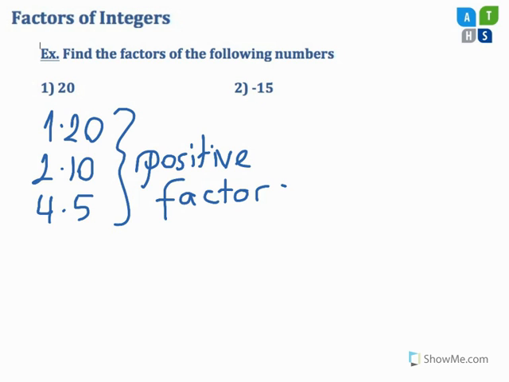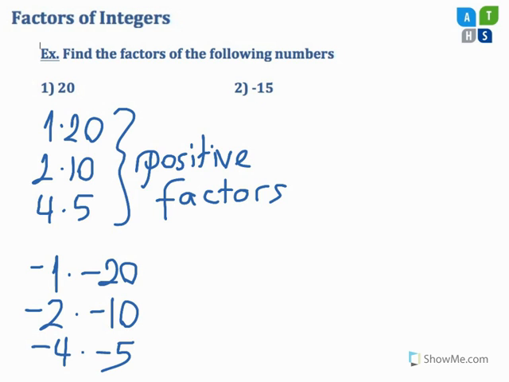We also have the negative factors, which when we multiply we get 20 again, like minus 1 times minus 20, minus 2 times minus 10, minus 4 times minus 5.